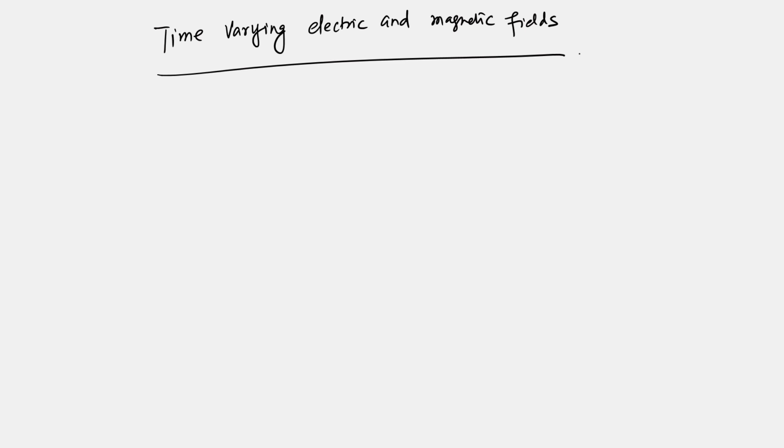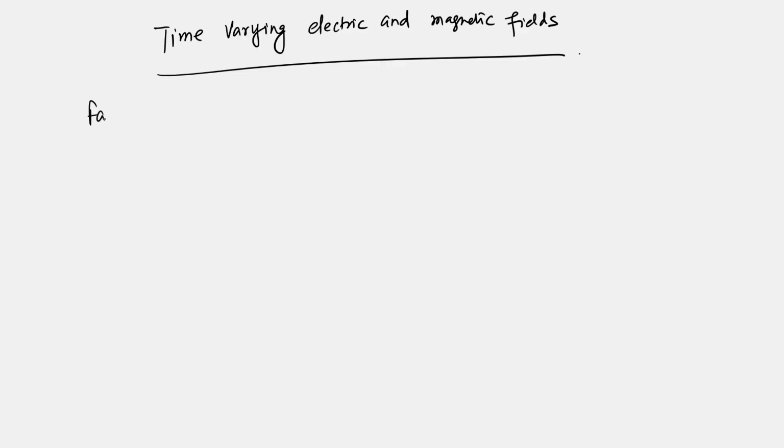So, we start with relaxing the condition that we are no longer going to talk about static charges and just current densities, but we talk about electric fields and magnetic fields to be time dependent.